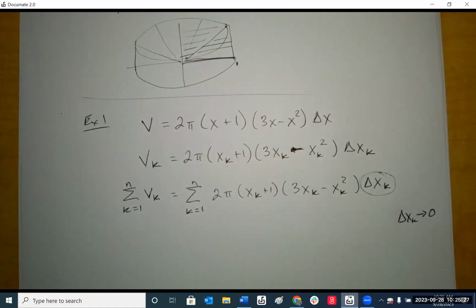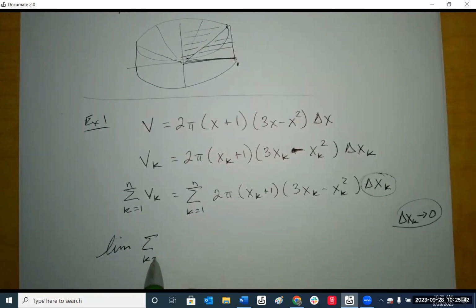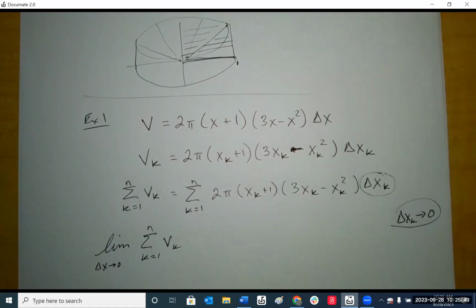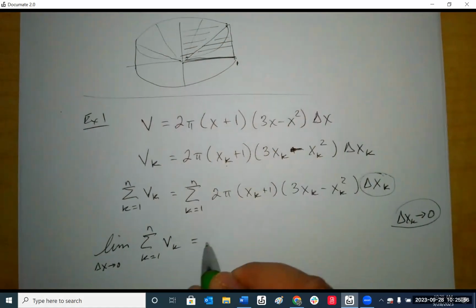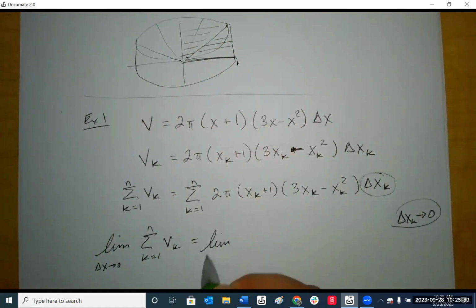We need the slices to become so thin that we can have a whole bunch of different slices and get the accurate picture. So in order to do this, we got to take the limit as delta x goes to 0. So that's the limit as delta x goes to 0.